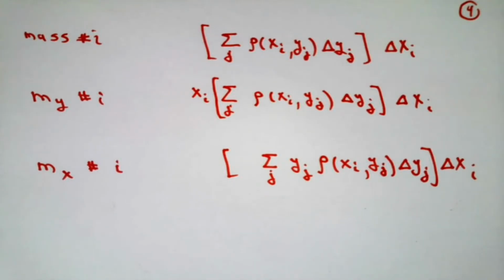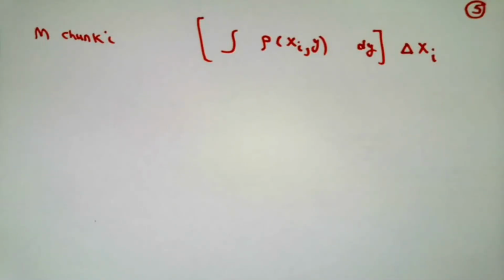When I take the limit as all of the delta y's tend to 0, though, the yj's turn into y's, as we've seen before. So this is going to be the integral of the mass density evaluated at xi and y, integrated with respect to y.